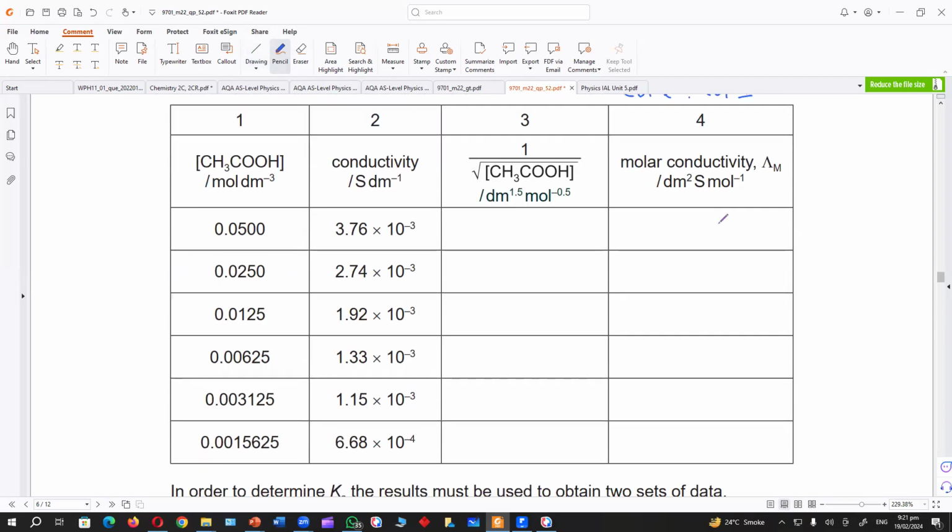Okay, so let's start filling this table.